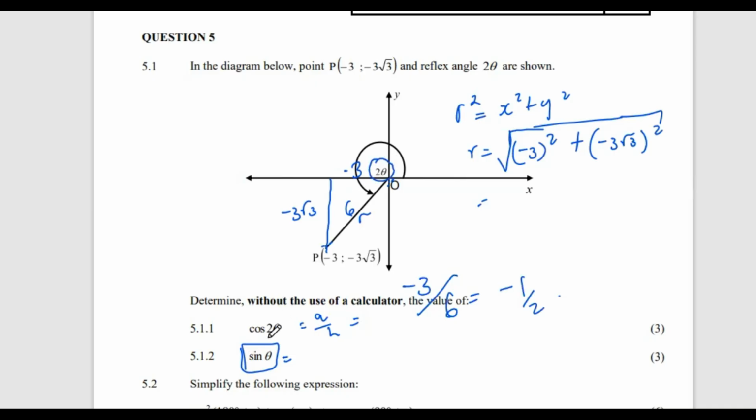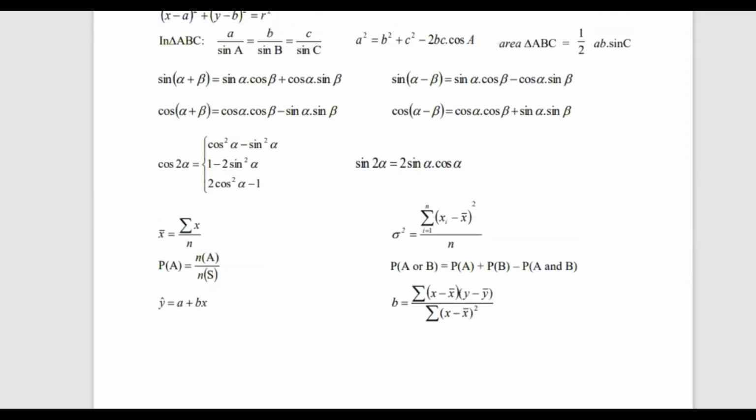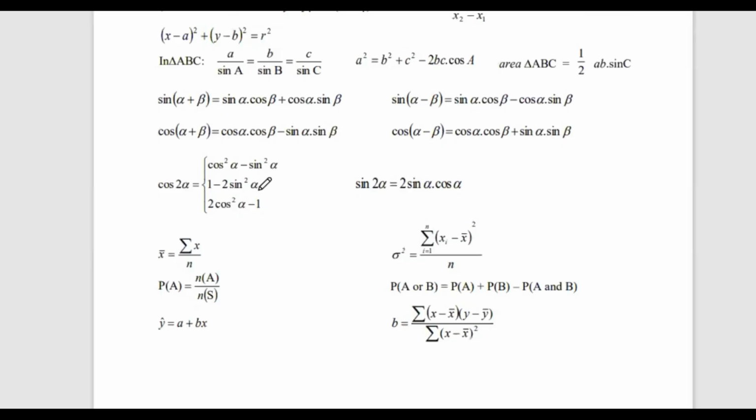So we can use the double angle of cos, where we know that the cos of 2 theta from our formula page, let's just rush there. From the formula page, we can use this one. 1 minus 2 sine squared.